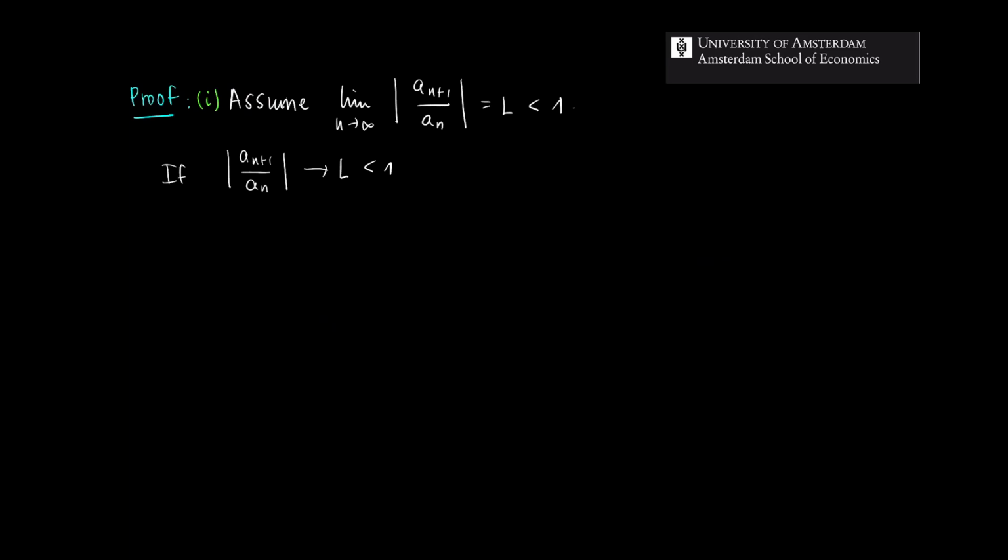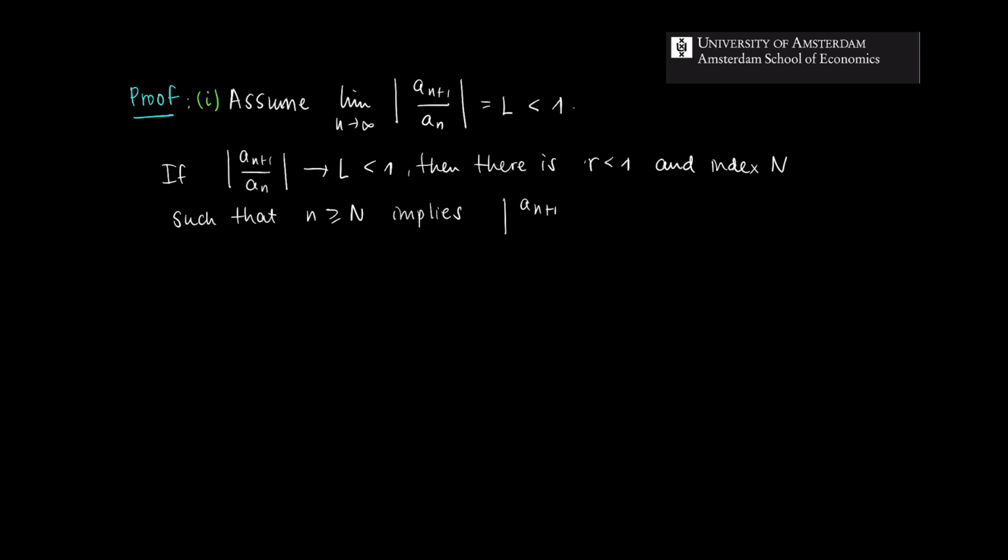Another way of formulating it is that there should be an r smaller than 1 and an index capital N, such that when we take larger indices, n larger than capital N, then the absolute value of a_{n+1} divided by a_n should stay away from 1 and should be smaller than r, smaller than 1.